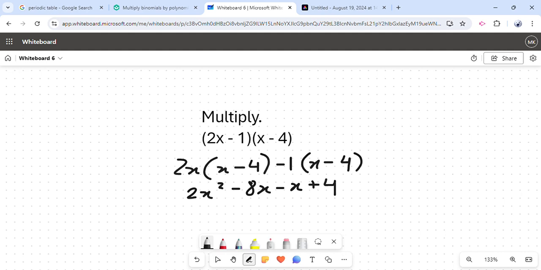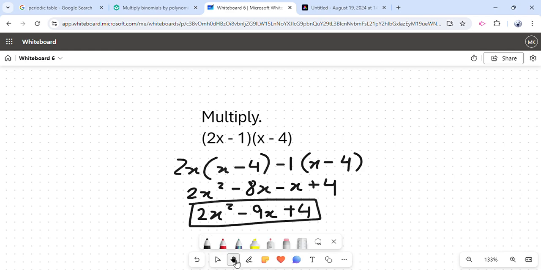And now you can simplify to give you 2x squared plus 7x minus 4 as your final answer. Let's move on to the next problem.